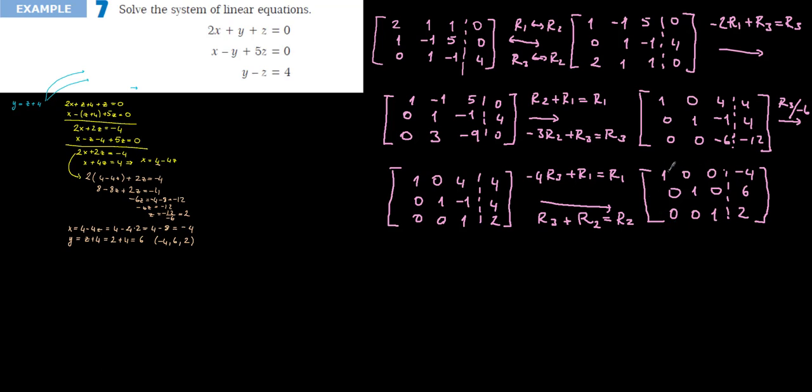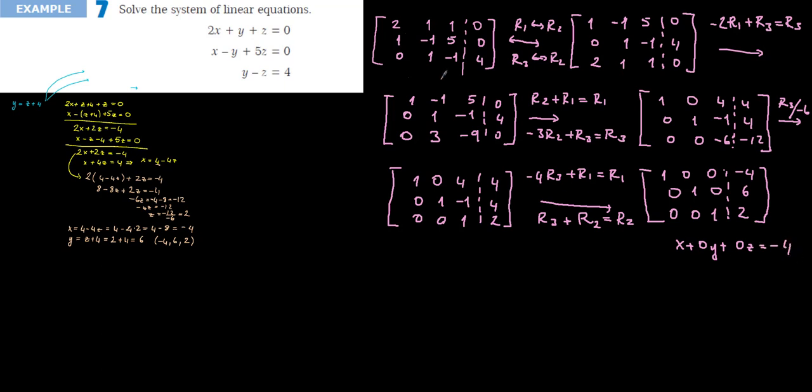When you get the identity matrix here, the results here, minus 4, 6, and 2, should be the solution. As you know, this is x. This is 0, 0. So this is x plus 0y plus 0z is equal to minus 4.